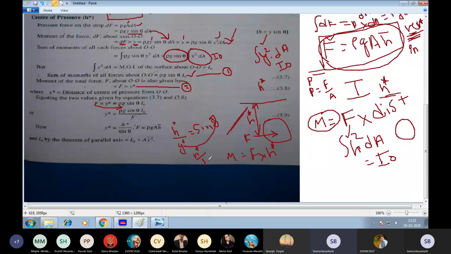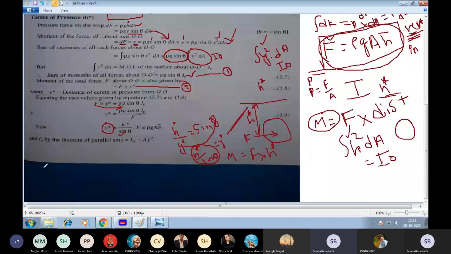Now equate the value here: rho g sine theta into I naught divided by F. Now I am going to replace y star by h star divided by sine theta.